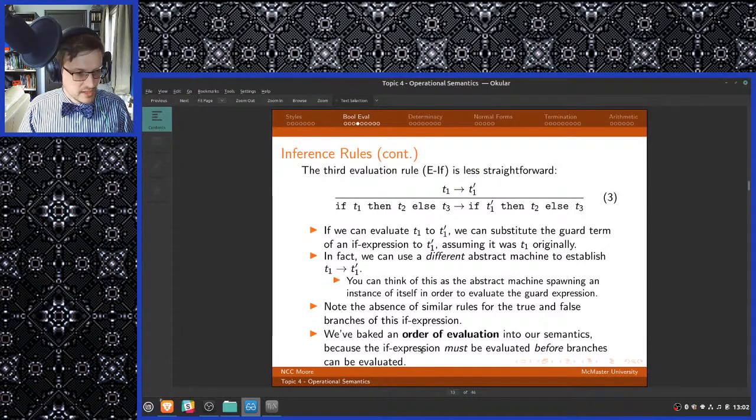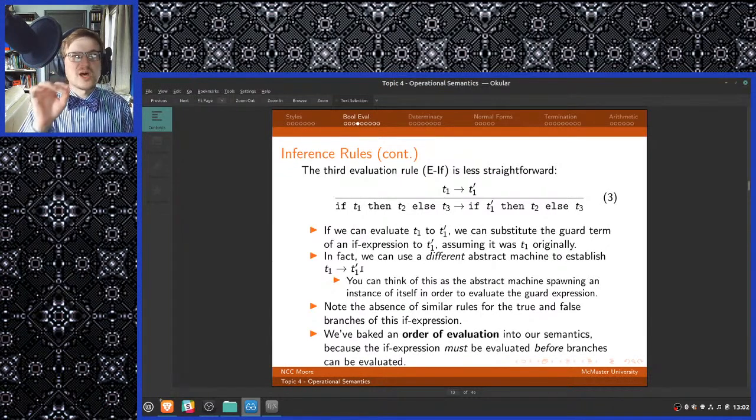So, here's a question. Is T1 prime a literal Boolean or just a simpler expression? It's just a simpler expression. If T1 was a term that evaluated to a literal truth value, you would substitute the literal truth value, but you shouldn't think about it that way.